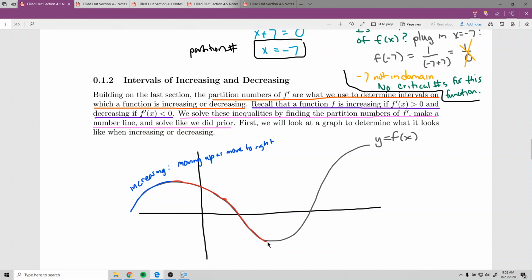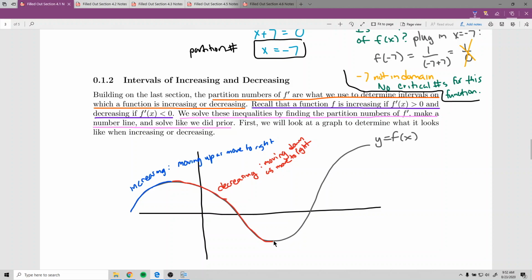And it's decreasing on down till we get to the bottom. So it's decreasing here. And then for decreasing, it's moving down as we move to the right. So anytime you want to look at a graph and know whether it's increasing or decreasing, you have to read it from left to right.